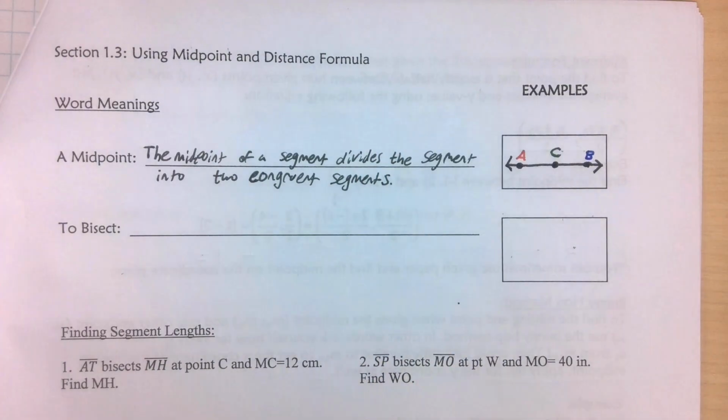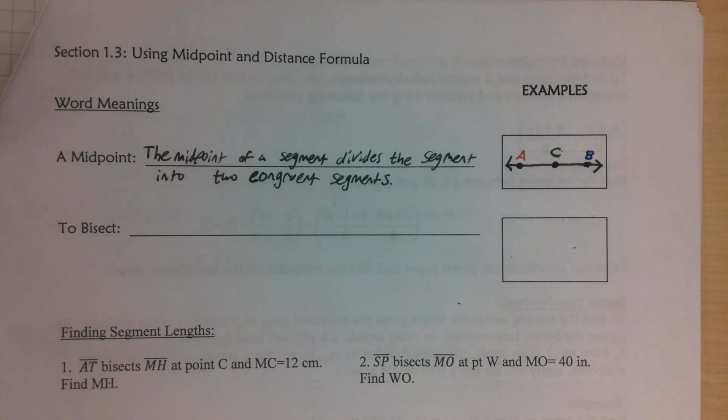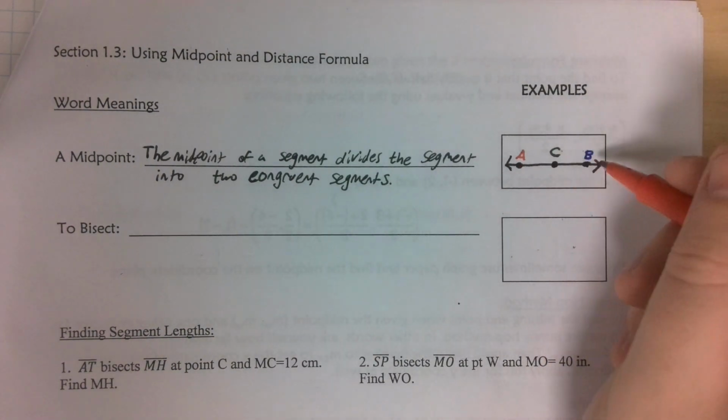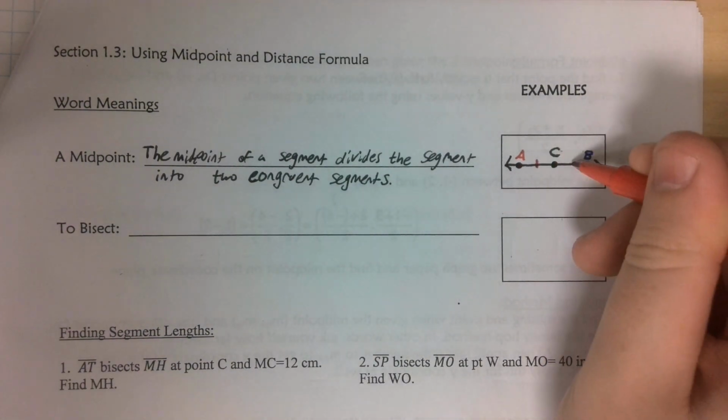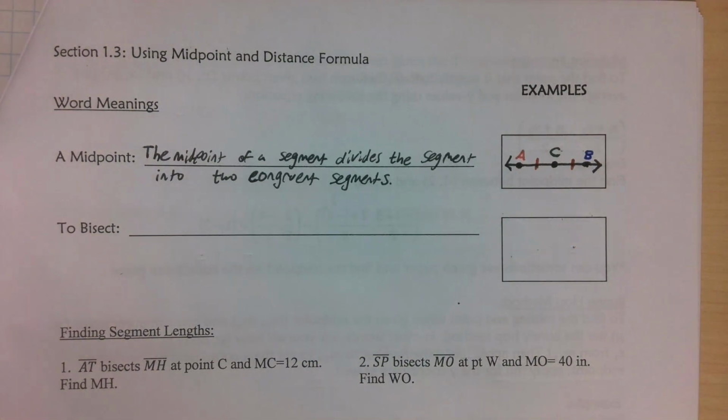We could say that they're equal because they're also going to be the same length, but remember, congruent is the word that we use when we describe shapes being the same thing. And since we want to say that AC and CB are the same length, we say they're congruent, and we give them congruent tick marks.